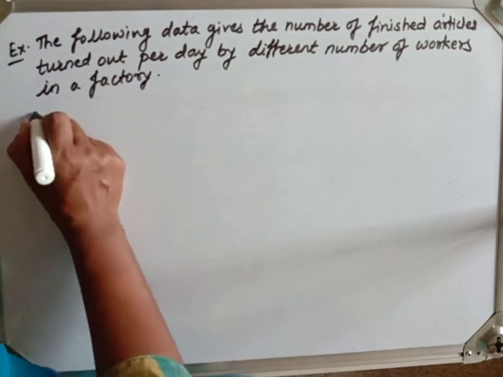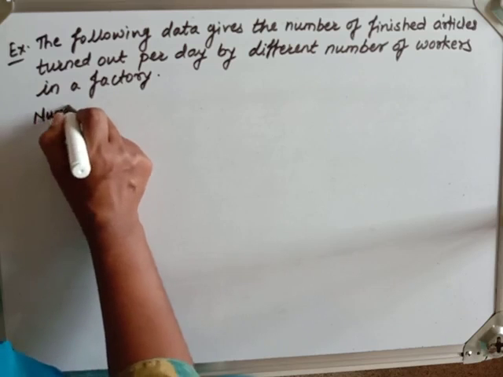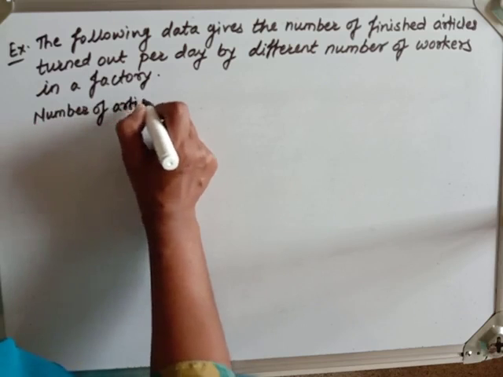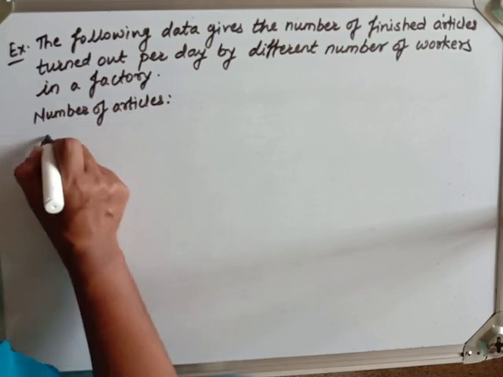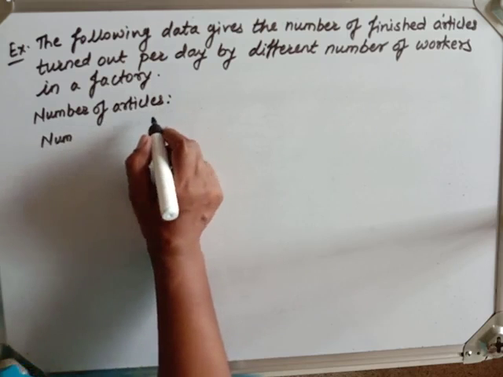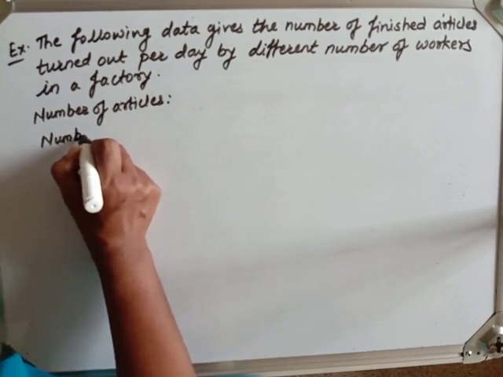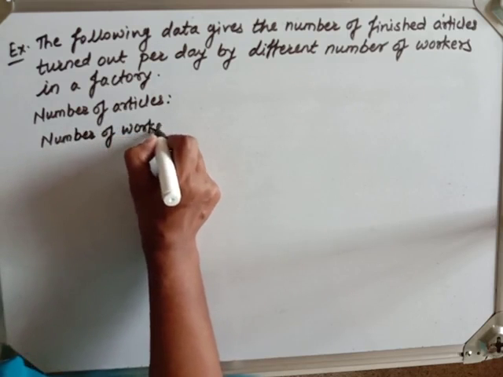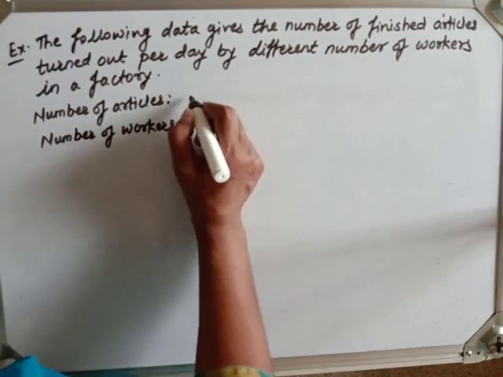Now the number of articles and the number of workers: number of workers is the frequency, number of articles are the x's. Which type of data is this? This is a discrete frequency distribution.